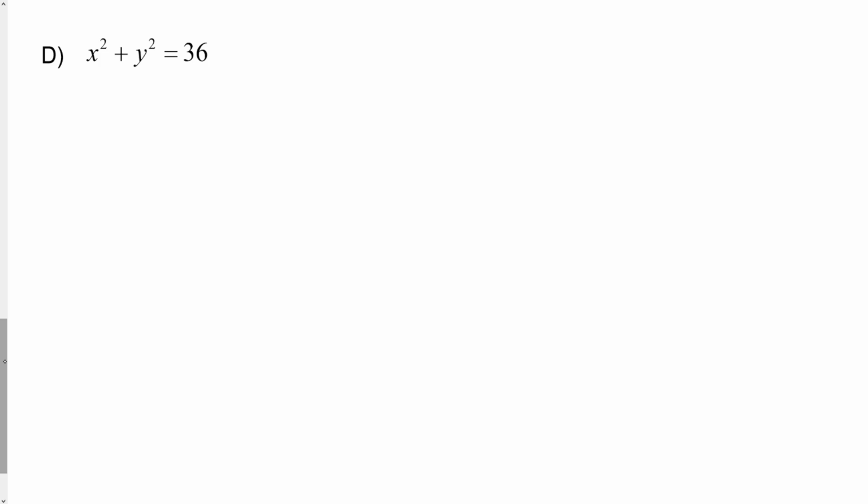But you can do more advanced transformations, like you could change x and y into r cosine theta and r sine theta here. But we also know that x squared plus y squared goes directly into r squared. So this becomes r squared equals 36, or if we take the square root of both sides, we get r equals plus or minus square root of 36, which is just 6.